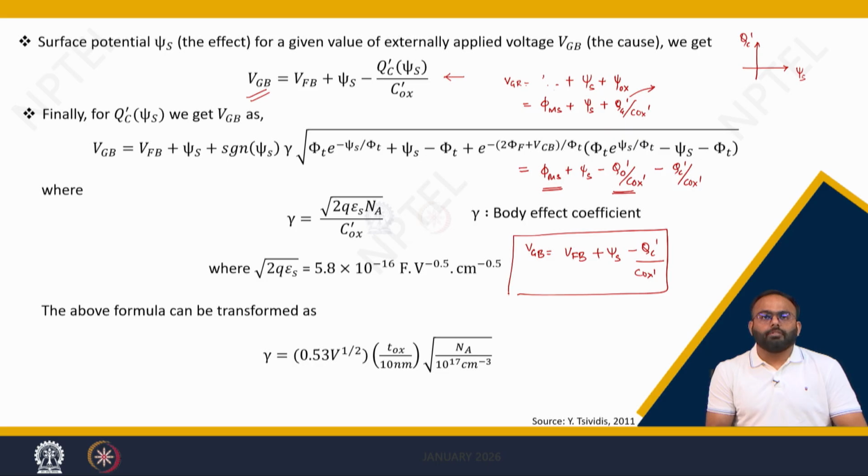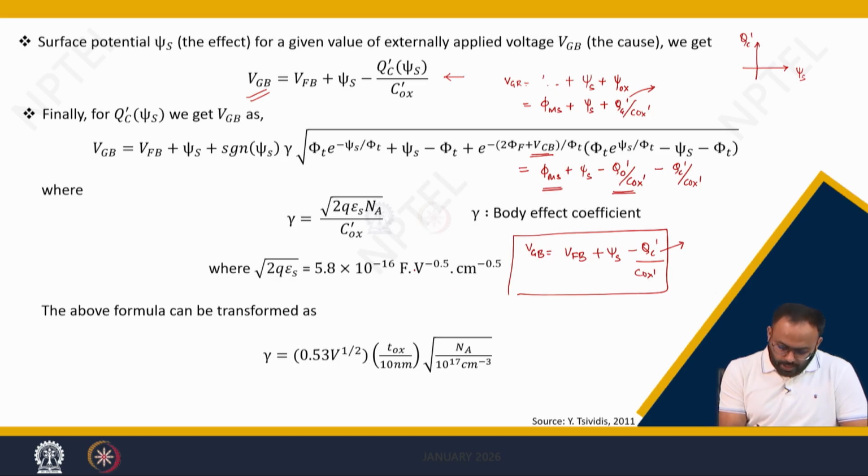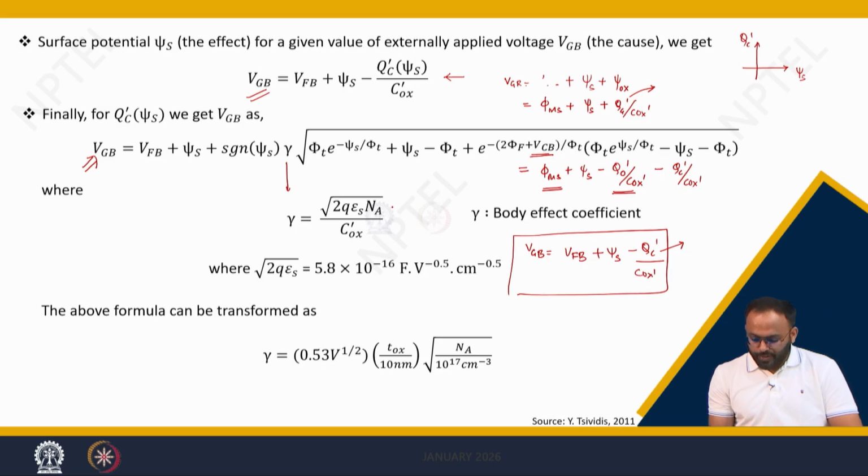Just now we have derived the closed form equation of Qc dash for the 3 terminal MOS, including VCB in our term as a whole contribution term. So, you can rewrite this equation in a closed form which says how my surface potential is related with the gate to body voltage, where this gamma is an already defined parameter which is called the body effect coefficient.